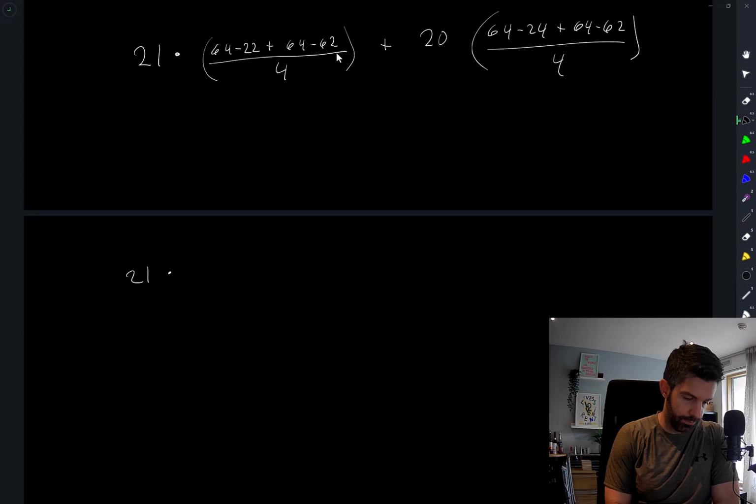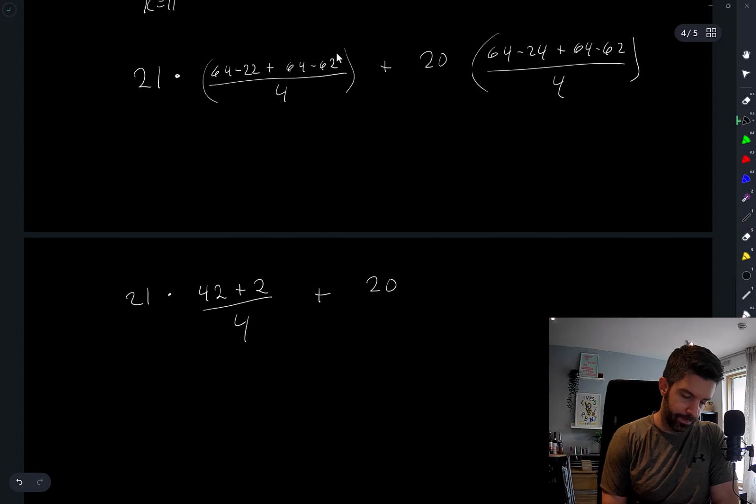21 times 64 minus 22, 42 plus 2 divided by 4. Plus 2 divided by 4.